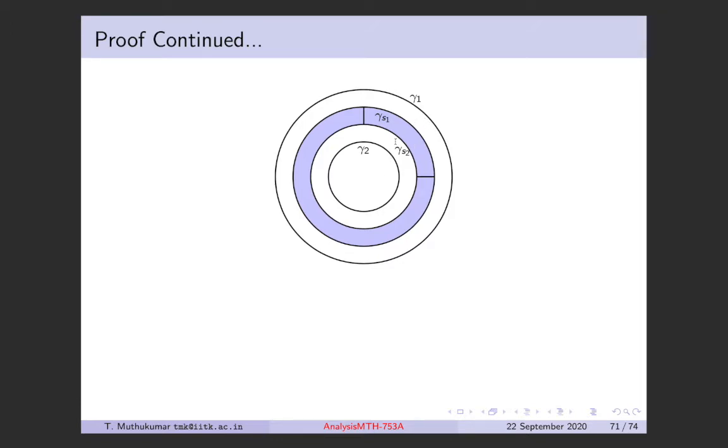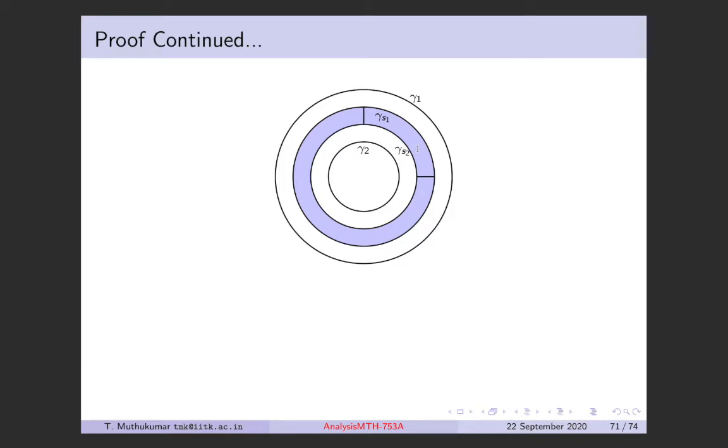So we need to show that the integral over gamma 1 is the same as the integral over gamma 2. And this homotopy, the image of T, is this entire annular region, right? The deformation from gamma 1 to gamma 2 starts from gamma 1 and continuously deforms to gamma 2. So this colored region is the region where, for S1, S2 such that S1 minus S2 is less than delta, you have this colored region.